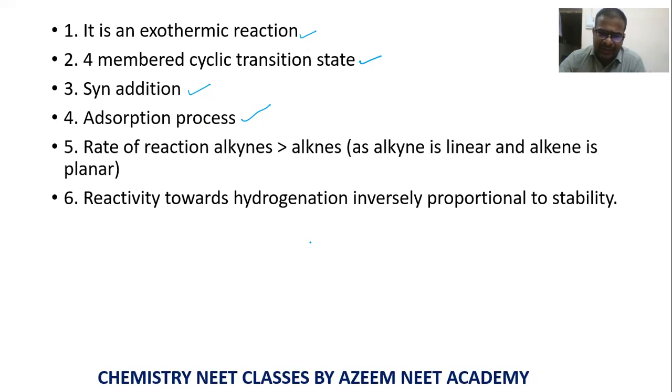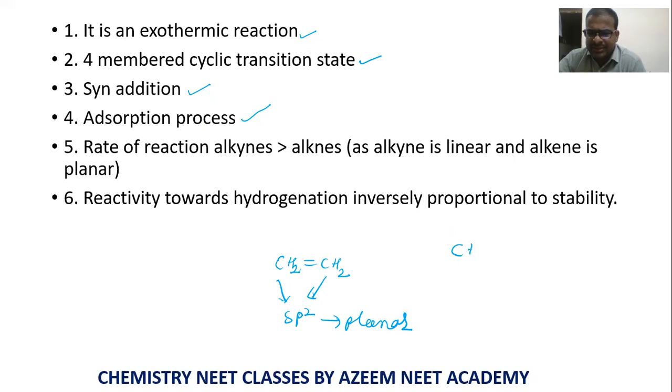If I take alkenes, what kind of hybridization do they have? Each carbon, this carbon as well as this carbon, is sp2 hybridized, meaning it has a planar structure. So syn addition is not that easily possible.